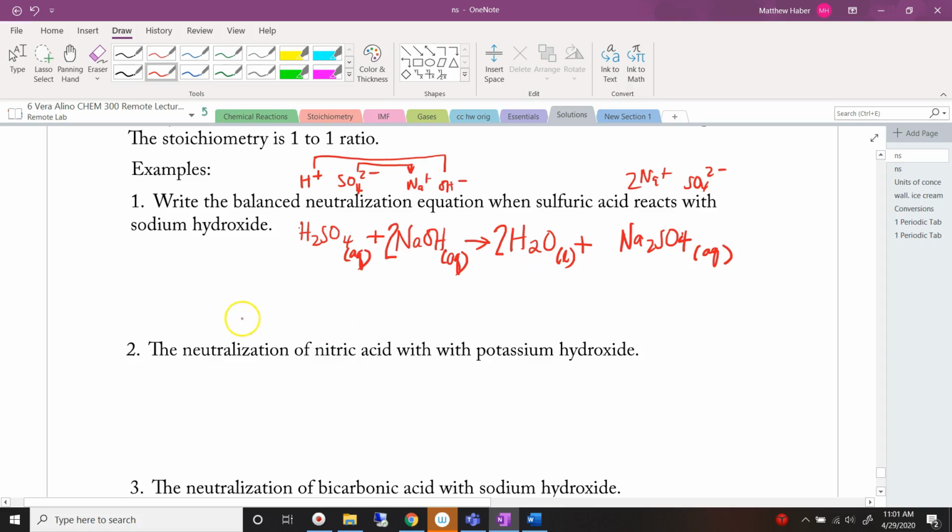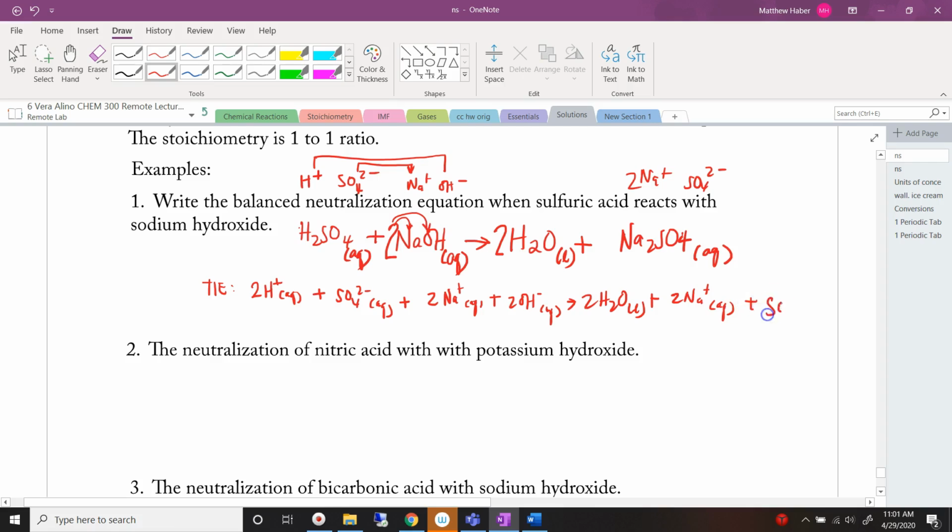Okay. So now let's try to write the total ionic and the net ionic equation. Total ionic, break it apart. So H2SO4. Whoops, what did I do there? Break it apart into ions. There are 2 hydrogen ions, 1 sulfate ion, 2, it kind of just gets distributed, sodium ions, 2 hydroxide ions to form 2 water, and 2 sodium ions, and 1 sulfate ion.